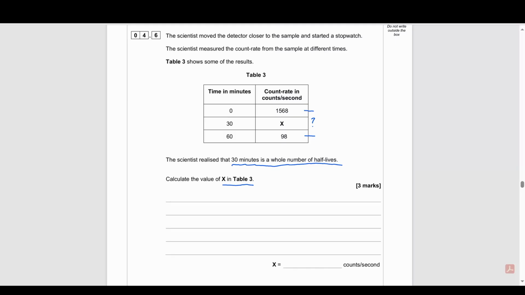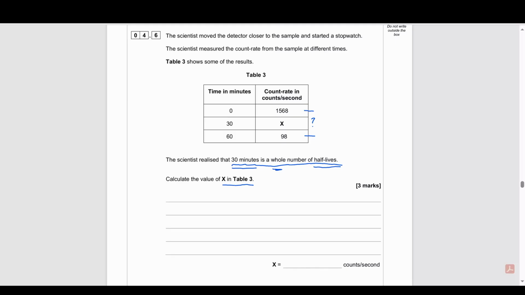So let's read the sentence again. The scientists realized that 30 minutes is a whole number of half-lives. Well, it doesn't say that it's one half-life. And remember what the definition of half-life is: it's the time it takes for a radioactive sample to decay by half. So what we would need to do then is find out how many half-lives this sample has.